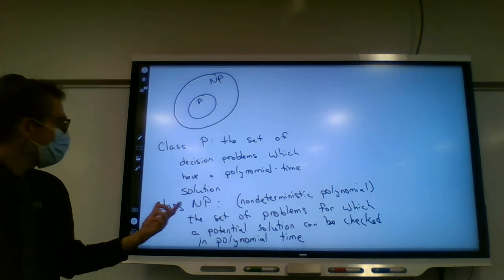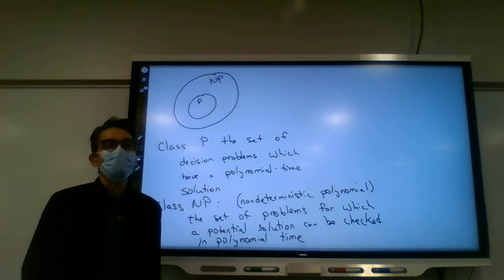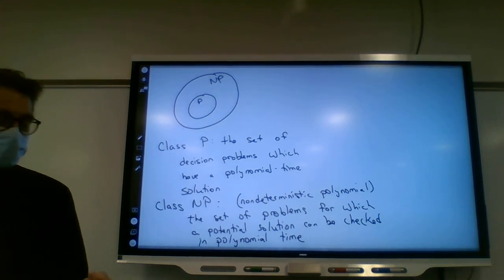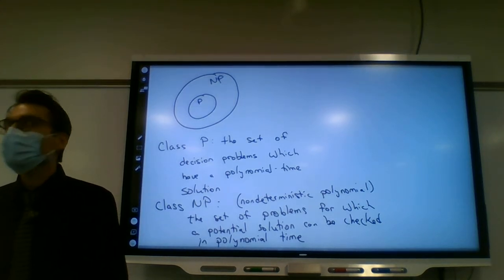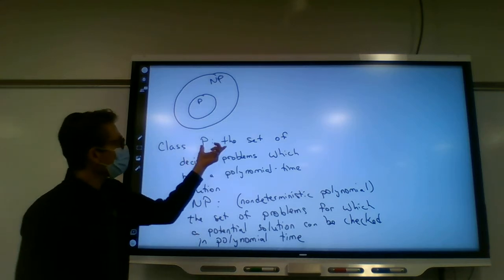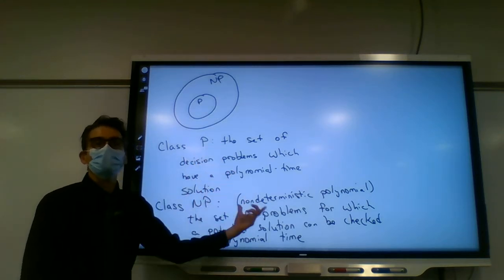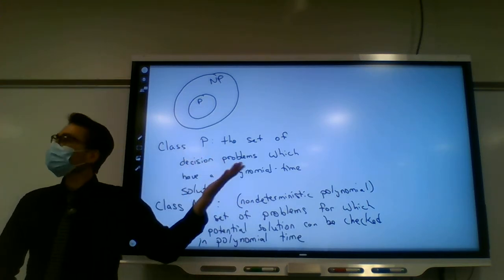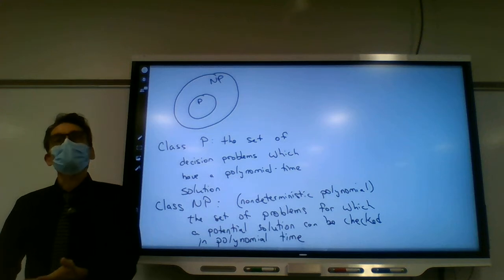The idea of checking a potential solution isn't to say that your answer is correct. It just has to say whether your answer is correct or not. So in this case, you could solve it and then compare answers and say, nope, your answer is wrong because this is the right answer. Or, yeah, your answer is correct because this is the right answer.